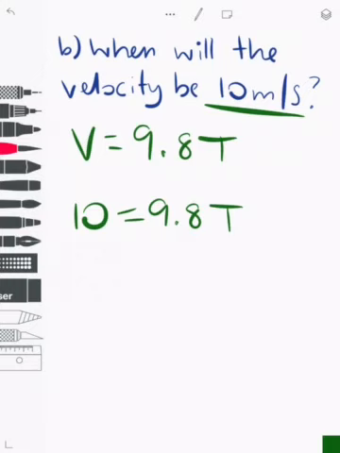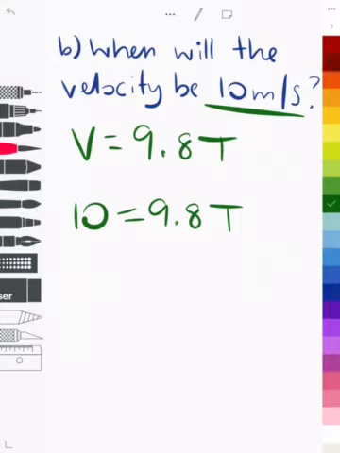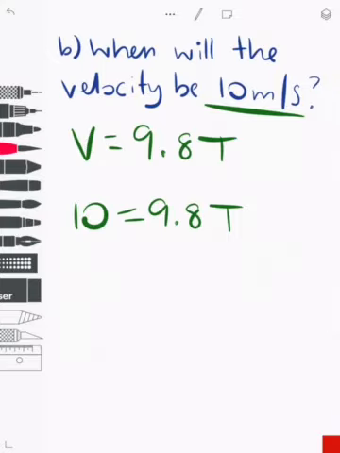Now, in order to find time, I need to use equations, and to do that I need to get rid of the multiplication by 9.8. The inverse of times is to divide by 9.8. Whatever I do on one side, I must do on the other.